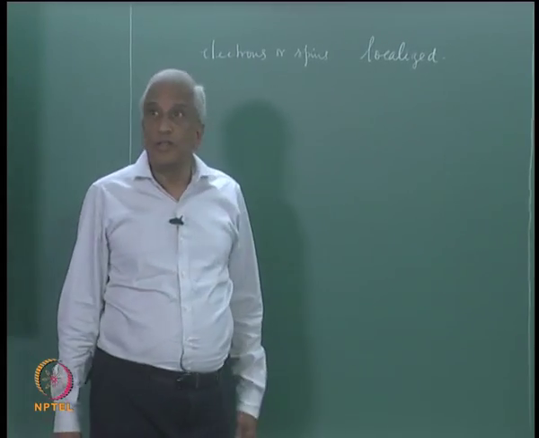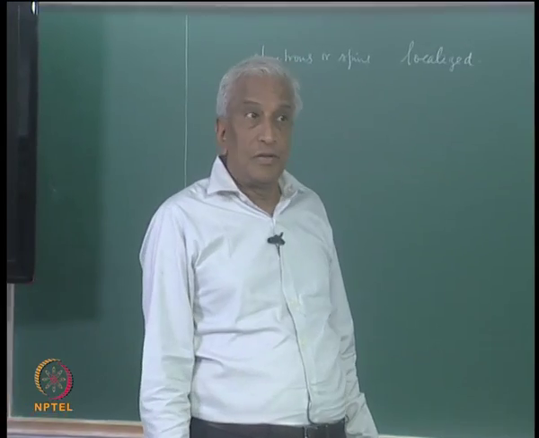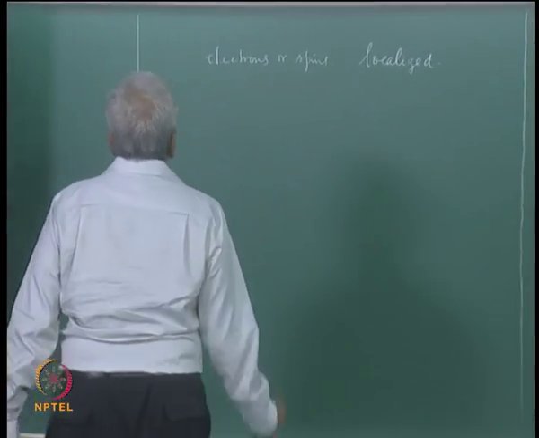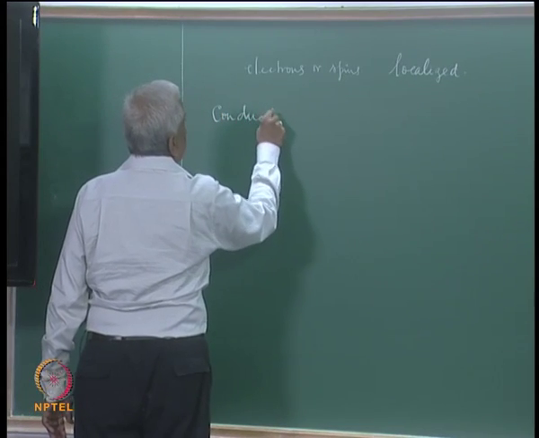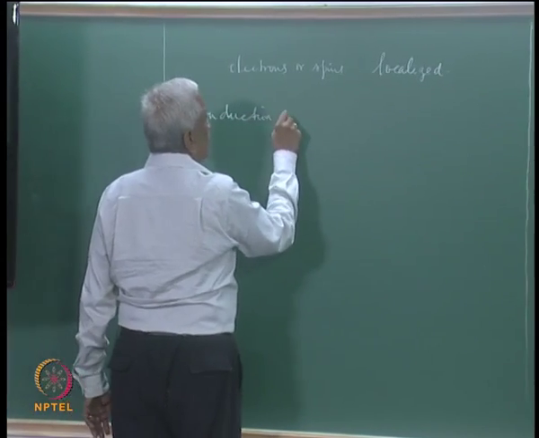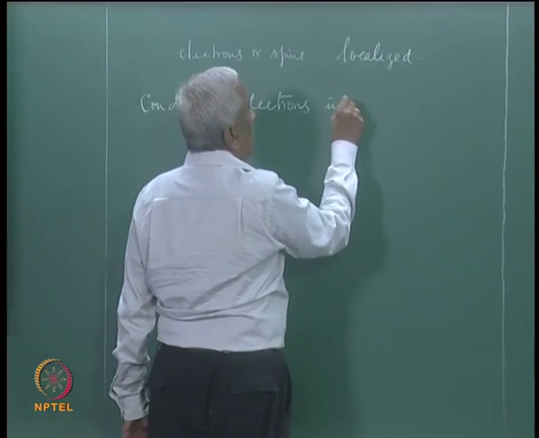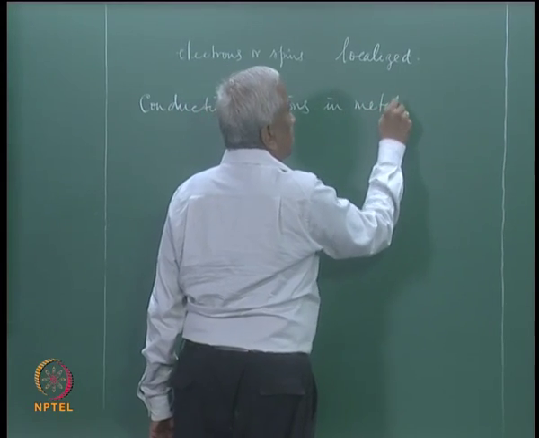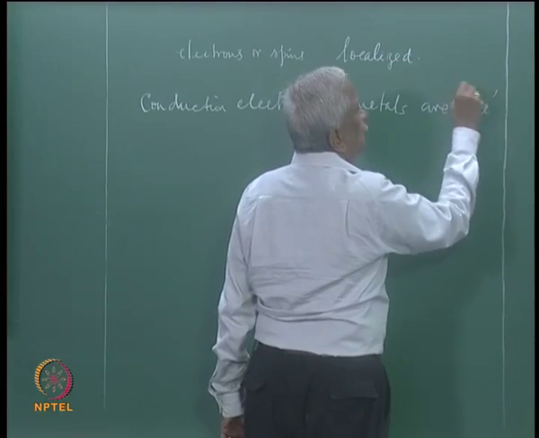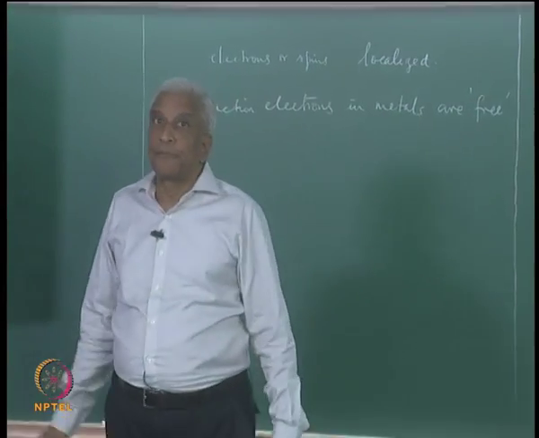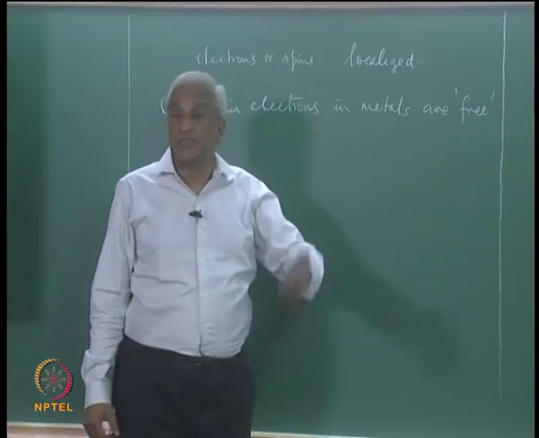We know that this assumption is not justified in the case of metals, in which conduction electrons in metals are somewhat free to move around, and so they are not fixed in space.